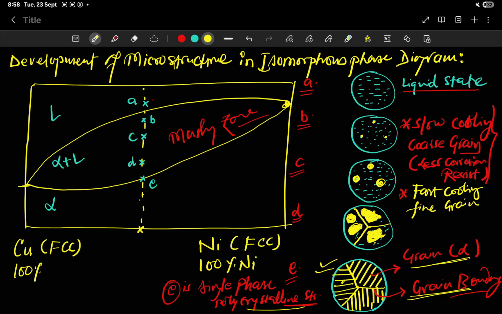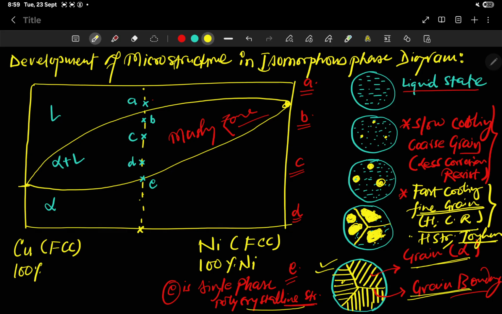Right? And this will have high corrosion resistance. In the case of fine grain, the material will have high strength, high tensile strength and toughness value.